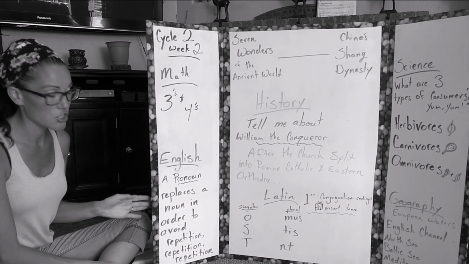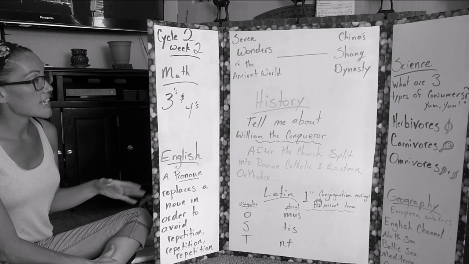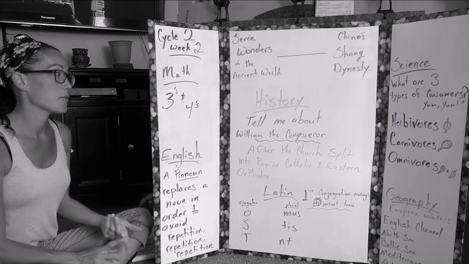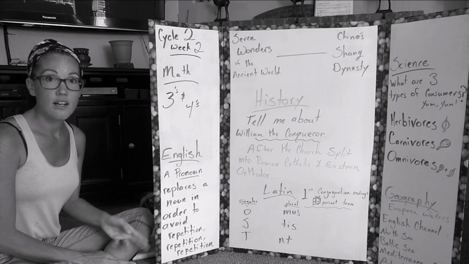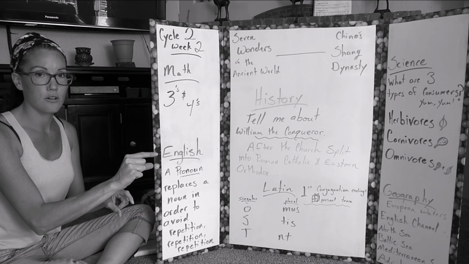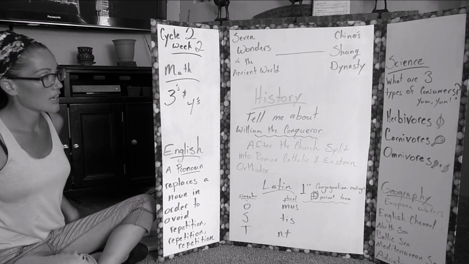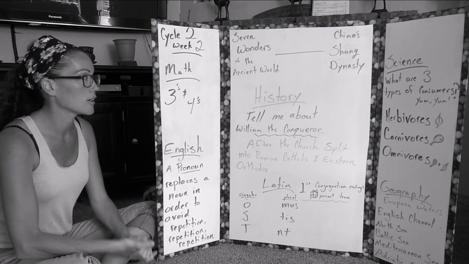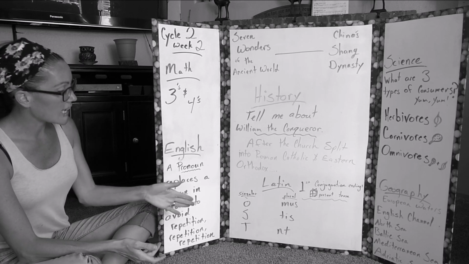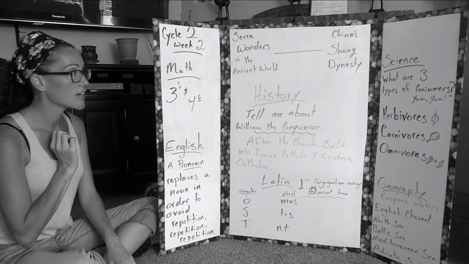no changes. English is the same, so there are no changes. History is basically the same. It's the same question, it's the same answer. They might have a couple of words moved around or changed the order, and the song's a little different, but it's basically the same question and answer. Latin is the same as 5th edition.